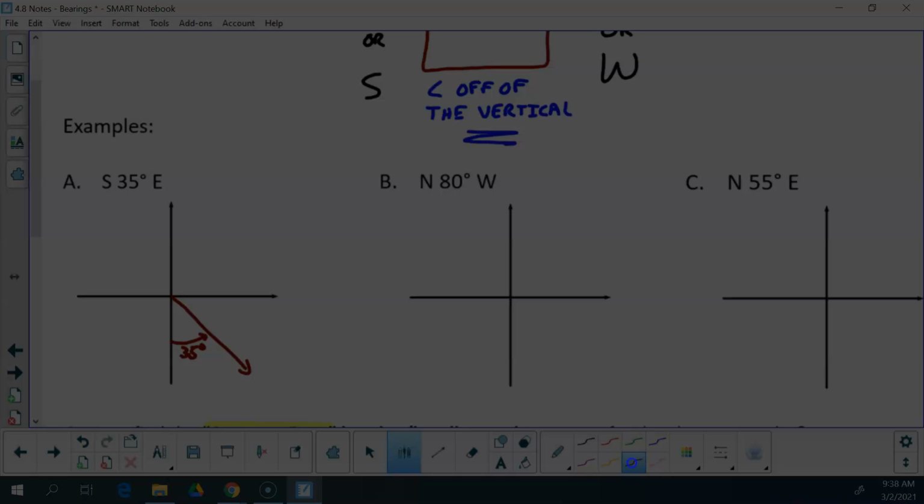North, 80 degrees west. North would be up. West would be left. 80 degrees coming off of the vertical puts me here.